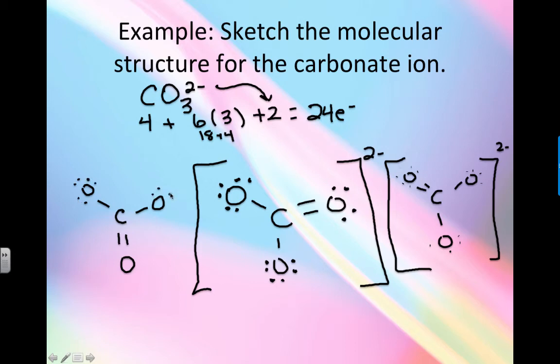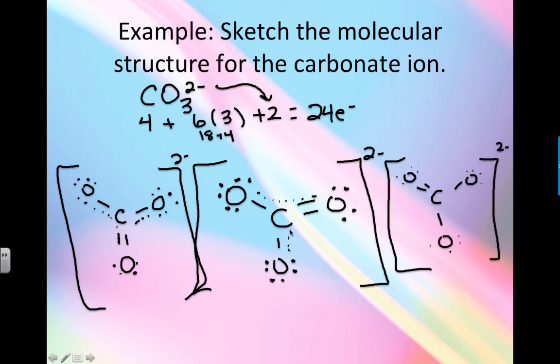Which one is going to be true? The fact is, they're all true all at the same time, except we won't really have a double or single bond. We'll have something more like a 2/3 bond or so, or 1.5 bond. So this double bond gets sort of spread out among all of them, and none of them have a true double bond or a true single bond.